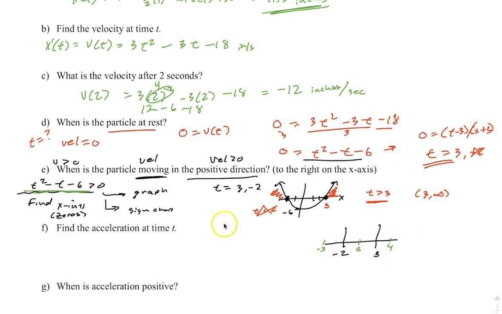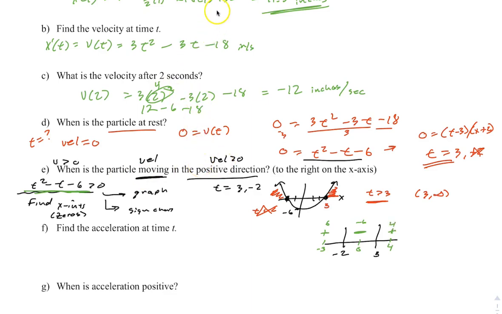If you plug in -3, -3 squared is 9, minus -3 is 12, minus 6 is 6. So I get a positive value. If I plug in 0, it's easy: I get -6, a negative value. And if I plug in 4, I get 16 minus 4 minus 6, so 16 minus 10, so 4, a positive value.